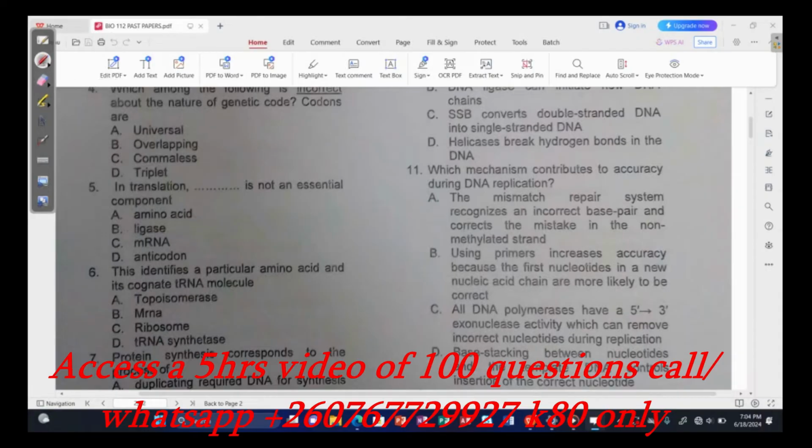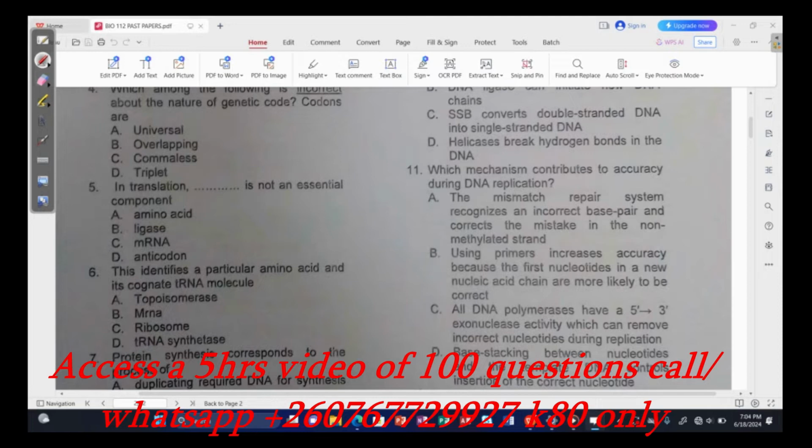So we have tRNA synthetase. So this is an enzyme which is responsible for identifying an amino acid to be picked from the cytoplasm, and also a specific tRNA which has got anticodons to that particular amino acid.